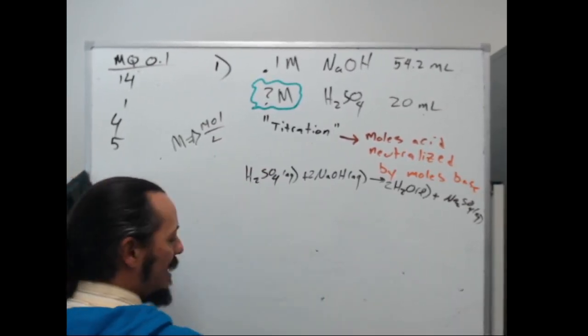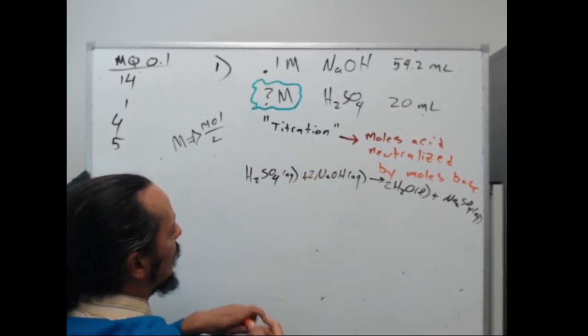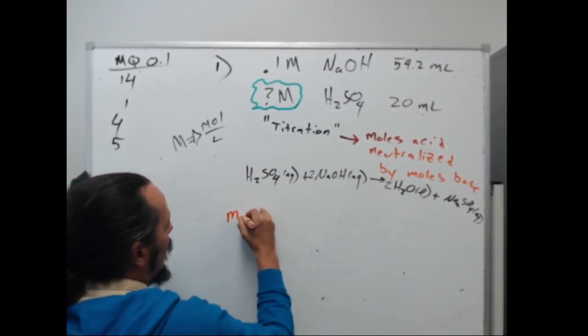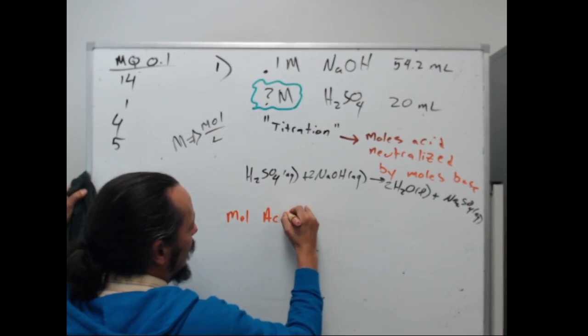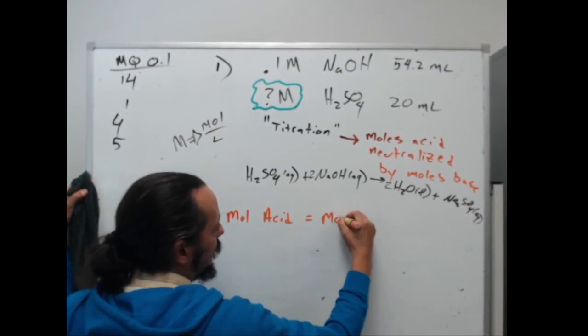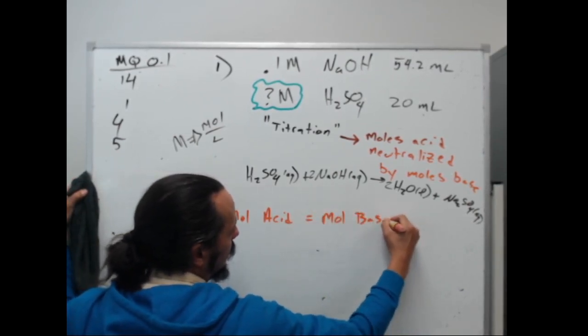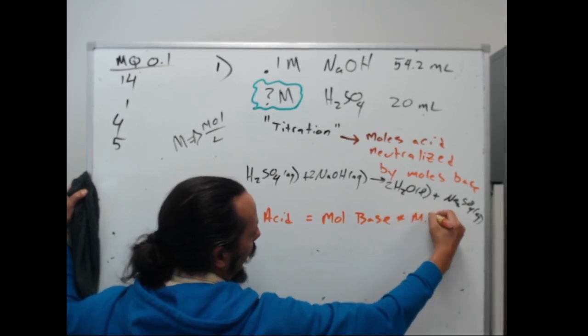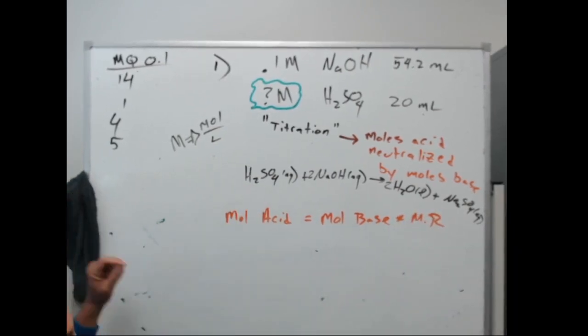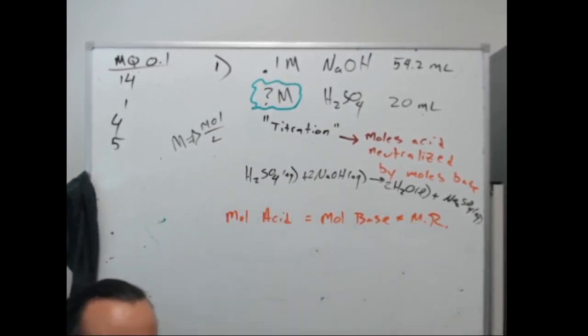The key part from having this be a titration is that moles of acid equals moles of base times the mole ratio. Or we could put the mole ratio on either side.